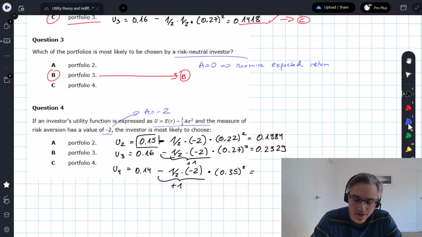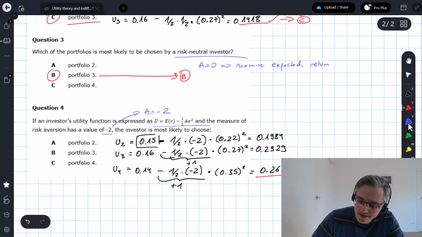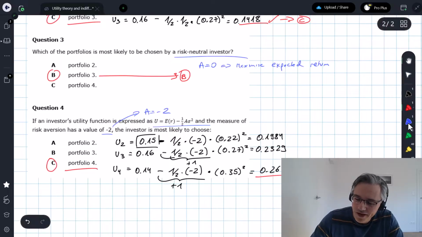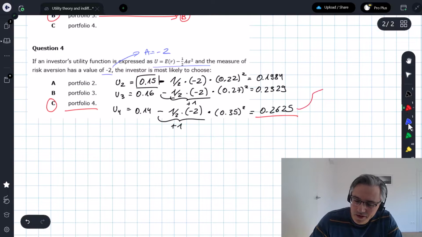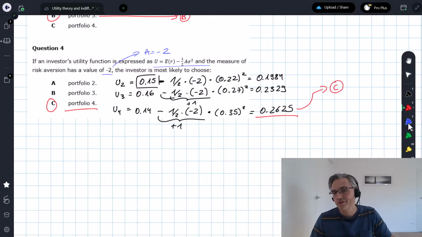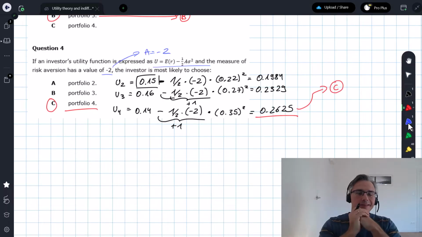Let's have a look. 0.2625. That's the highest utility of all three. So the answer would be C, portfolio 4. Very characteristic, you know, for a risk-seeking investor. They get the thrill of the uncertainty of the risk involved, and that may overshadow the return.